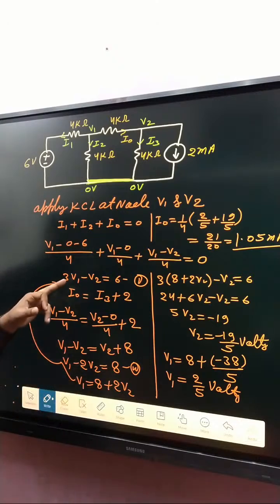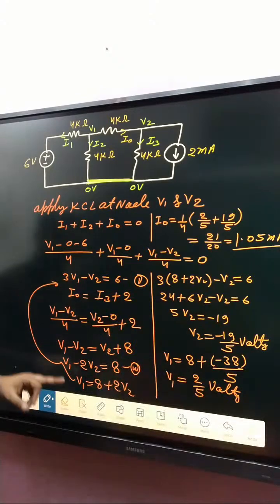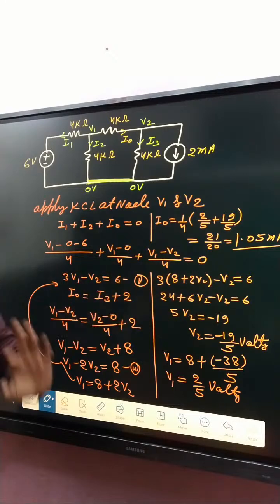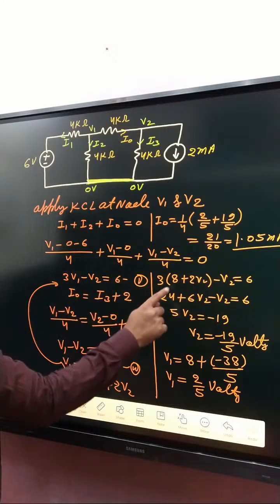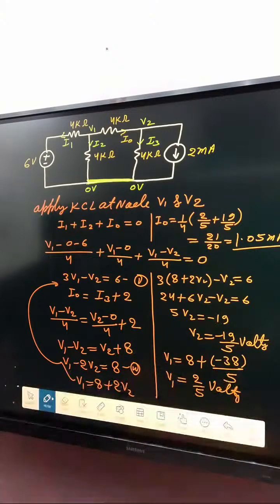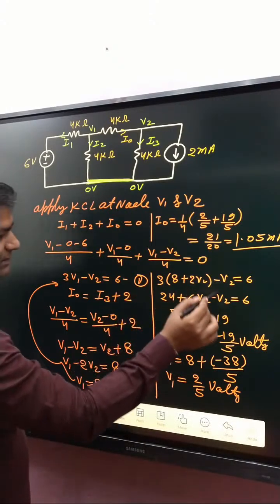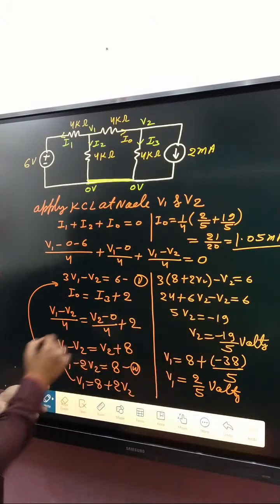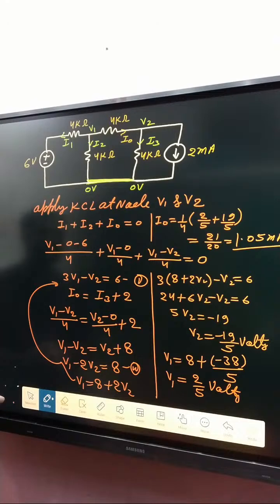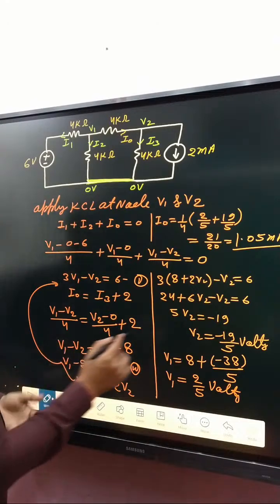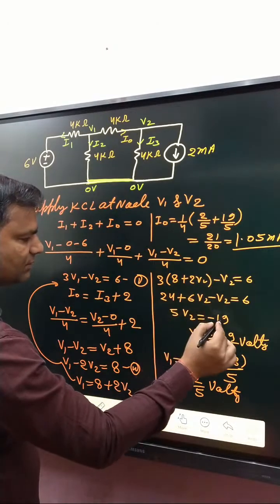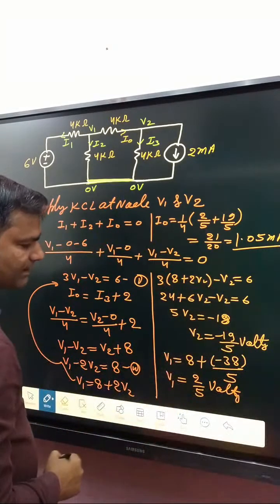If this value is put in equation number 1, then we get 3 into 8 plus 2 V2, minus V2, equal to 6. 3 times 8 is 24, 3 times 2 is 6, and that is minus V2, equal to 6. That is 6 V2 minus V2, that is 5 V2, and that is 6 minus 24, that is 18.